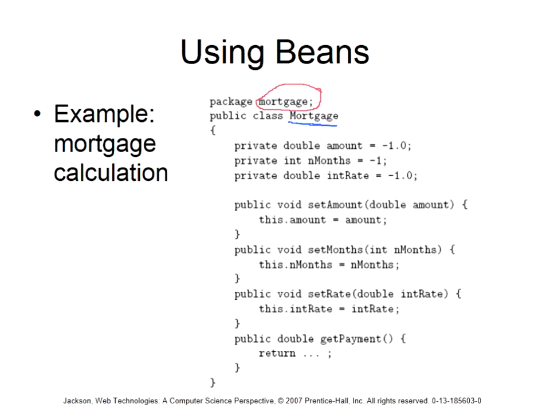The first one is amount. This is the first attribute. And for setAmount here we write A capital. Is this clear? Public void setAmount. Why do we use double here? Why do we use double amount here?